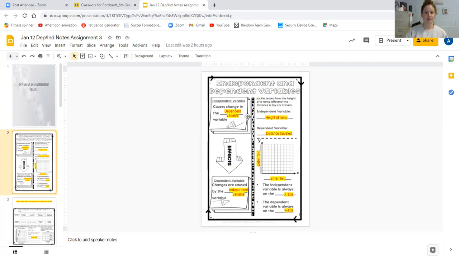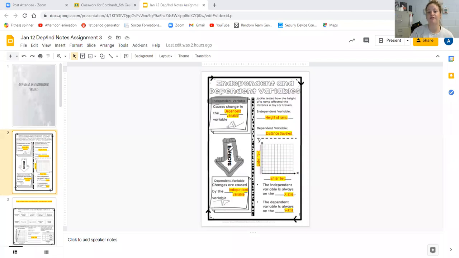I filled it in for you. The independent variable causes change in what, guys? Franco, what does it cause change in? The dependent variable. Very good. Now, we have our independent here, which is going to affect.